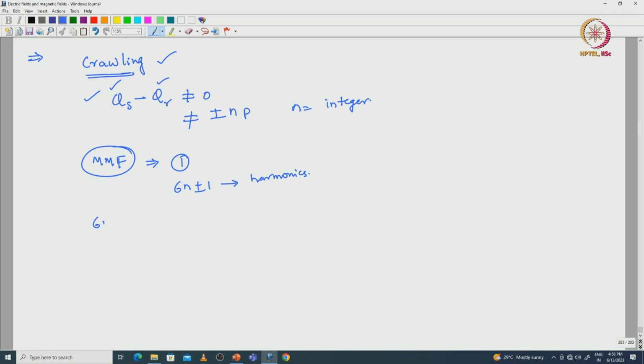The 6n plus 1 harmonic will rotate in the forward direction. That is the 7th harmonic, n equals 1, and the 6n minus 1 harmonic fields will rotate in the backward direction.